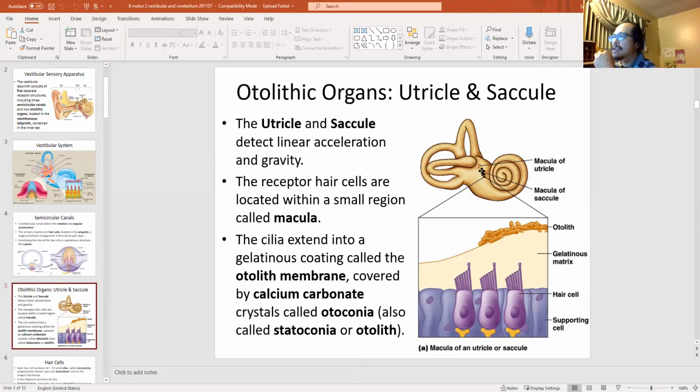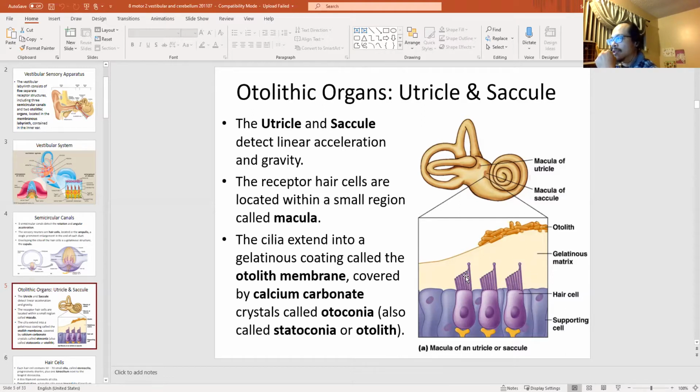If we look at the outside of these two, we can see these two spots. We call it macula. And if we look into it, we can see that it's very similar to the semicircular ampulla, in that it has the hair cell as the sensory neuron, and the cilia are embedded in the gelatin matrix structure.